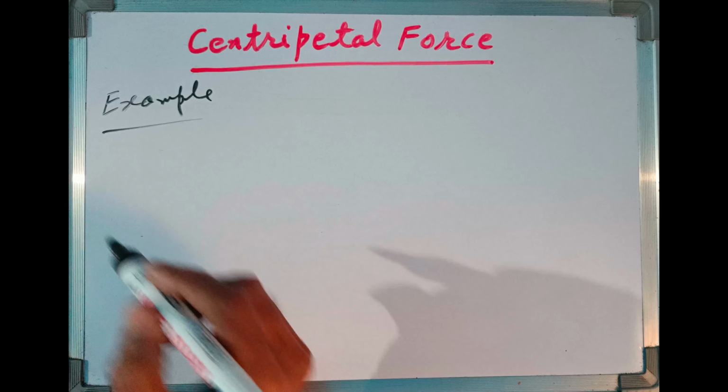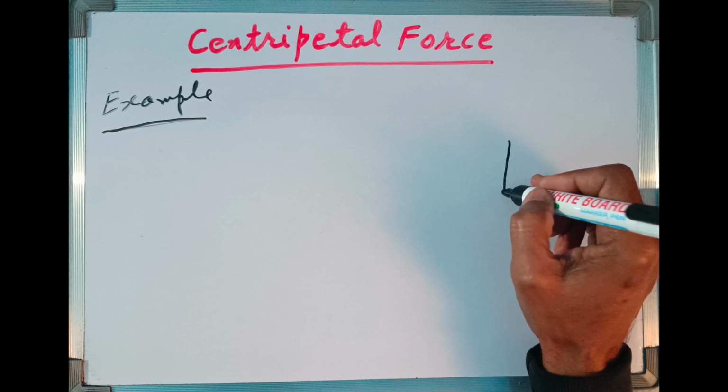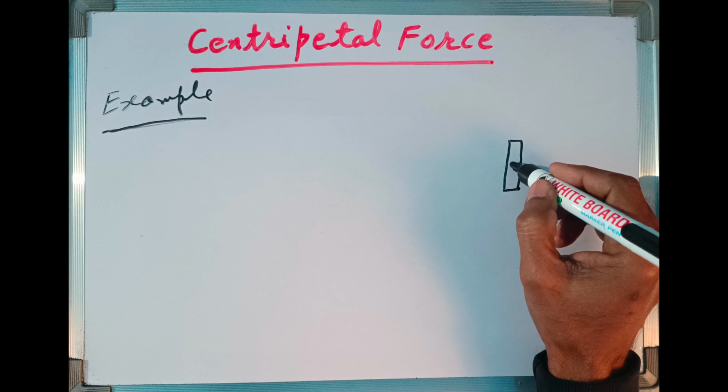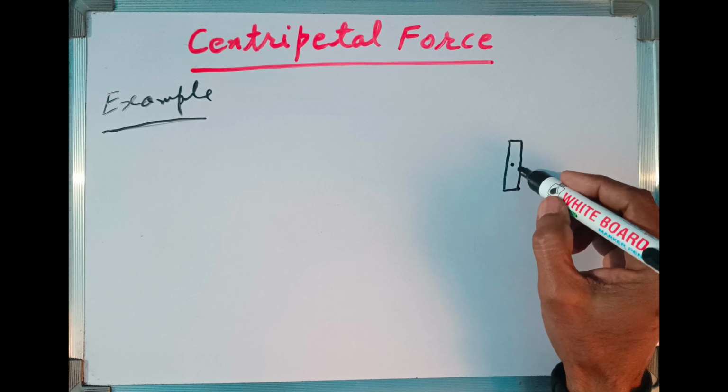In order to have more understanding, let me take an example. Suppose a cyclist is moving along a road, and this is the center of mass of the cyclist and the cycle.